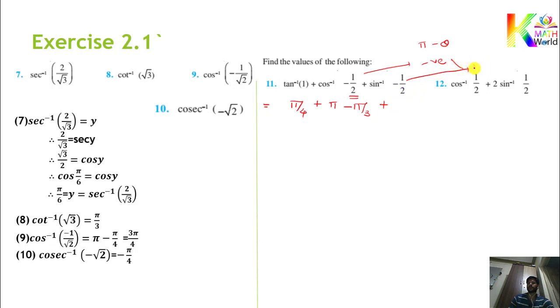Negative and first group, so what is the structure format? Minus theta. So minus of theta, sin 30, and 30 means pi by 6. Okay, so we get here pi by 4. Consider the LCM, 3 pi minus pi, so that will be 2 pi by 3 minus pi by 6. So we get here by LCM. What is the LCM of this one? 12.